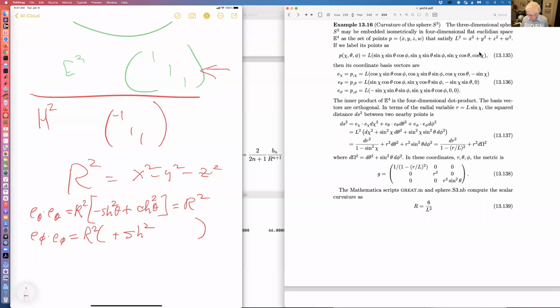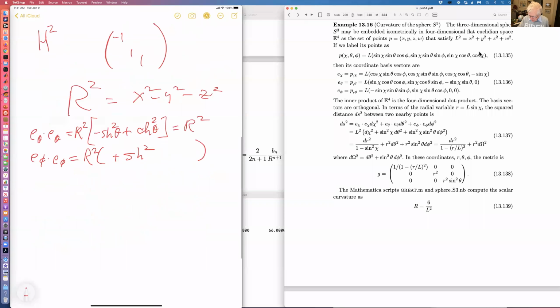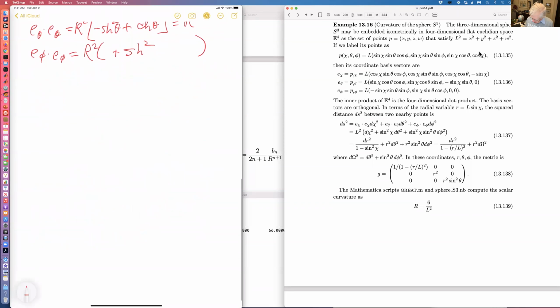In that case, the metric, so let me go up here and maybe switch colors again. The metric now would be simply 1, 1, 1, 1. This would be the internal metric of the 4 space. And the points in the 4 space would look like this.